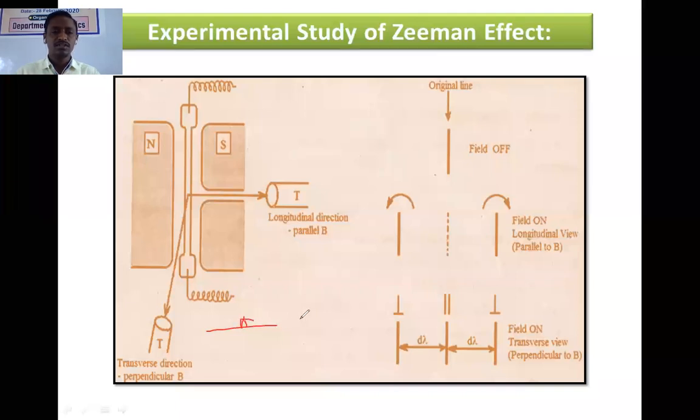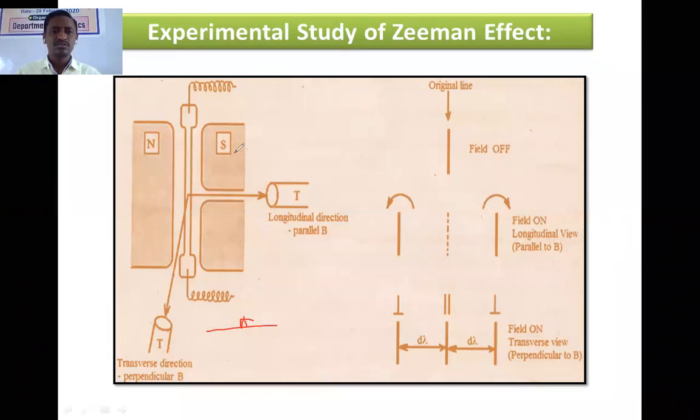It consists of a source of light. The central part, which has a dumbbell shape, is the source of light able to produce the line spectra, and it is placed between the pole pieces of an electromagnet, here N and S. These are the two pole pieces of a strong electromagnet.